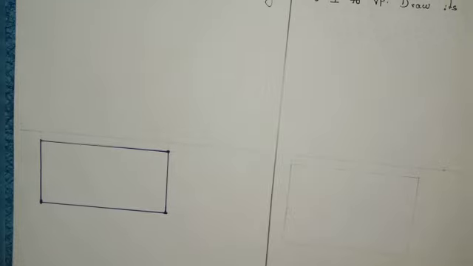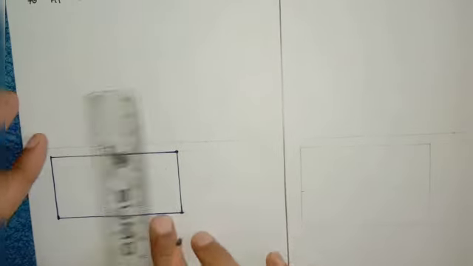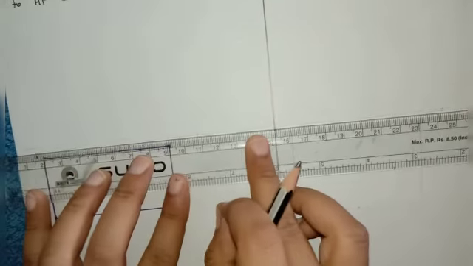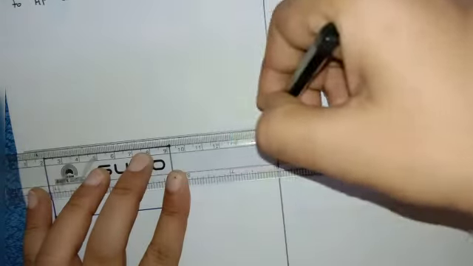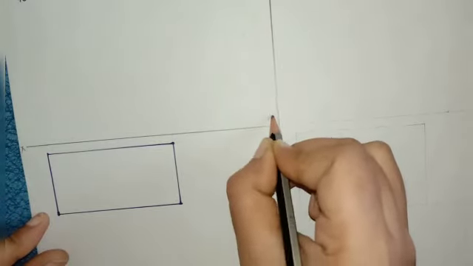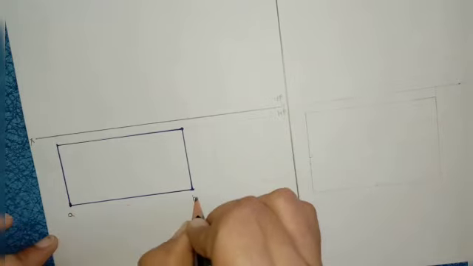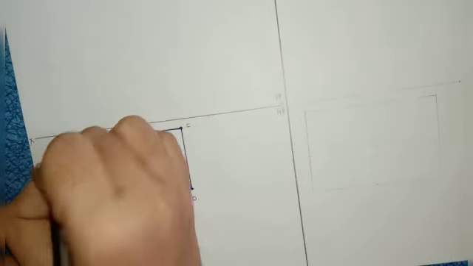Right, here they didn't mention any distances, no. So after constructing this rectangle, take height 5 mm. Right, draw the reference line, name it as XY, vertical plane, horizontal plane. Name the rectangle as A, B, C and D.